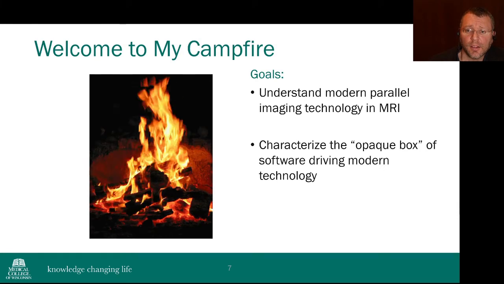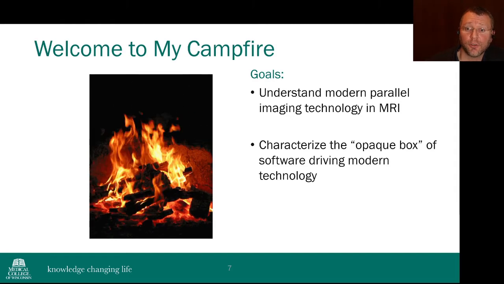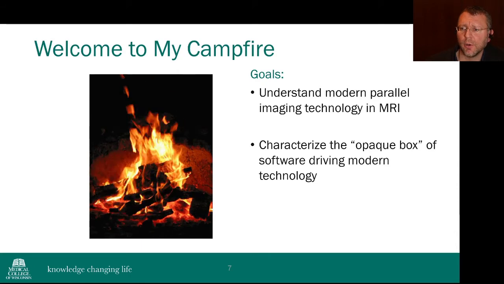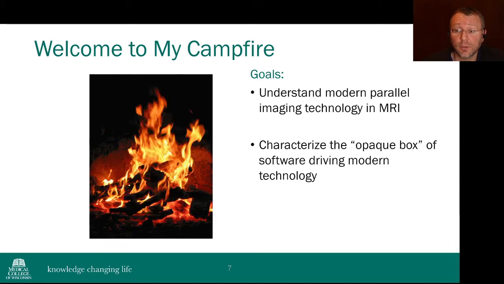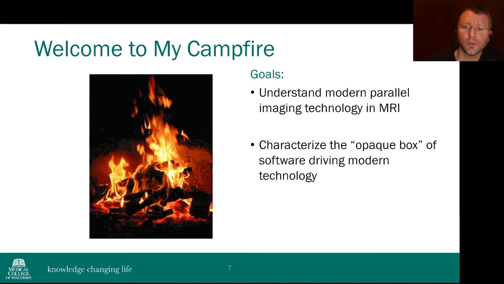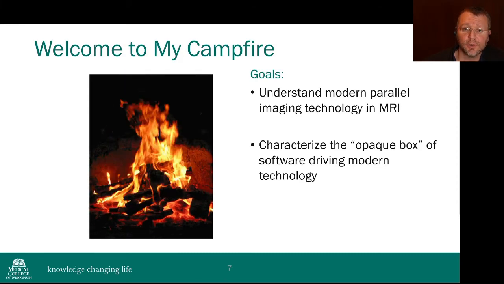And then the second thing is to start talking about the idea of characterizing the opaque black box that drives this technology. Taking a look at the knobs that one can twist inside of those algorithms that most people don't twist, and talking about the idea of optimizing those knobs for the very specific common technology that we use in our research studies.